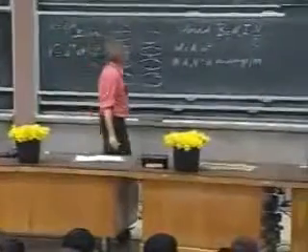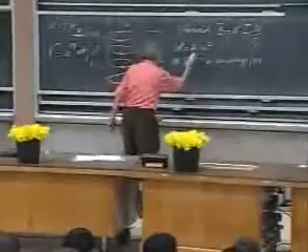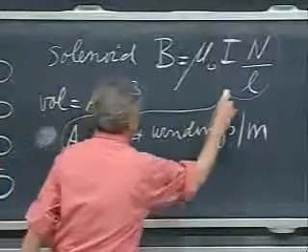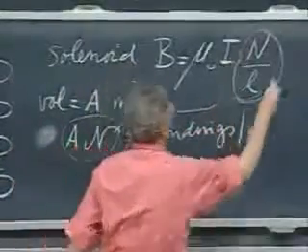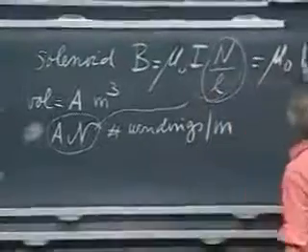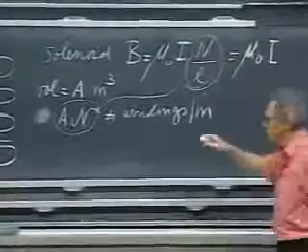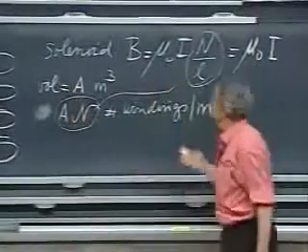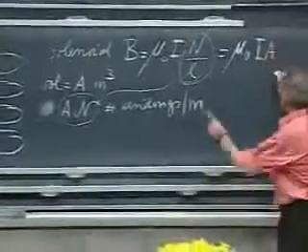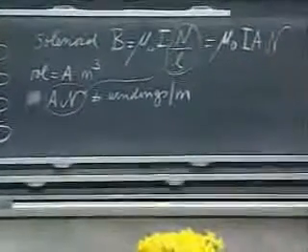And so now I am in business, because this now is my N divided by L. And so I can write now mu 0 times the current I times that area A times N, which is 10 to the 29.